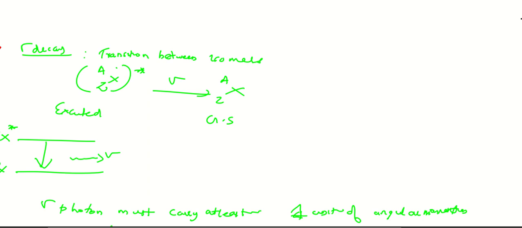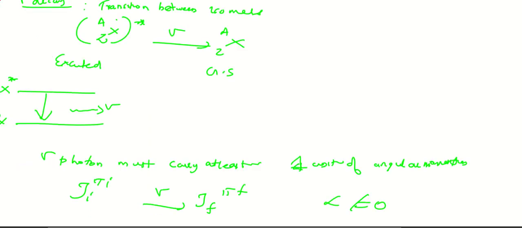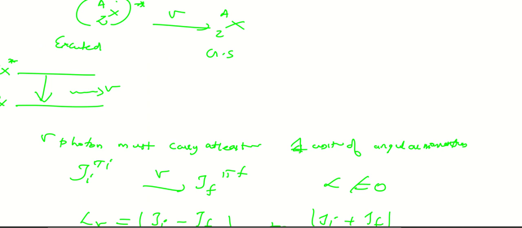Gamma decay happens when a nucleus in some excited state comes to the ground state by gamma decay. So when we consider X Z A star decaying to X Z A by emitting gamma, the gamma photon must carry at least 1 unit of angular momentum.